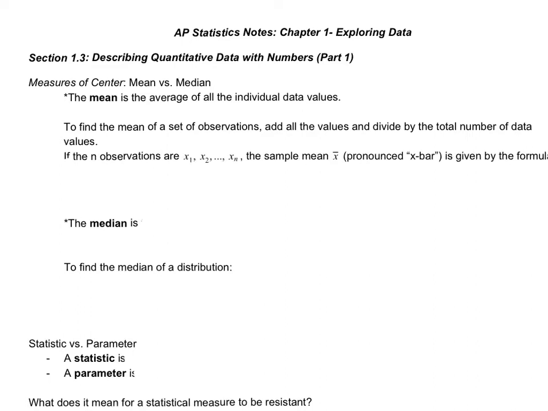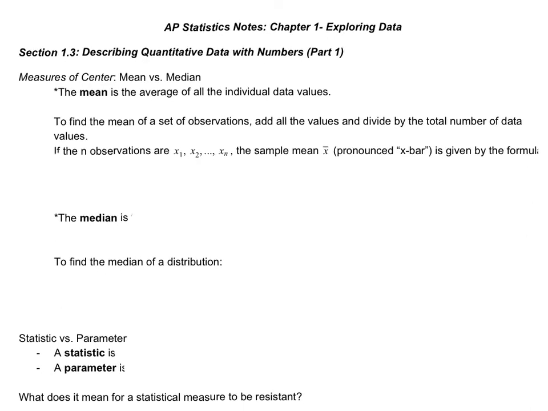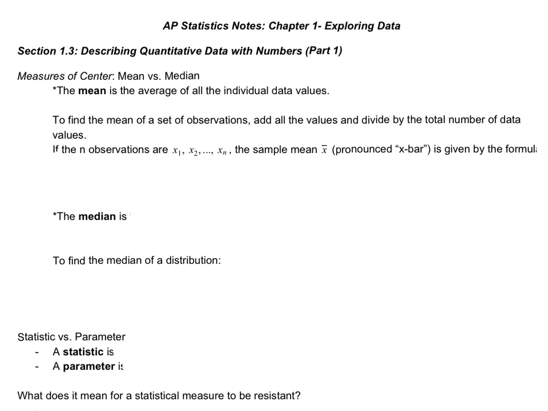we're given a formula to calculate the mean, which really does nothing more than what we said we were going to do. The formula says that if you have n observations, call them x1, x2, all the way to xn, then the mean of your sample, which is notated as an x with a line over top, pronounced as x bar, is found using the formula, which is describing exactly what we said.